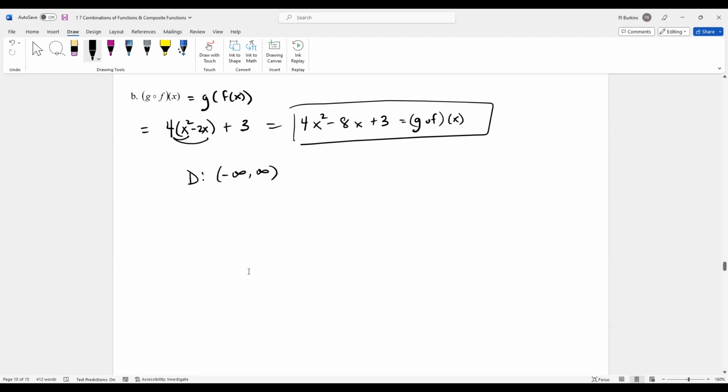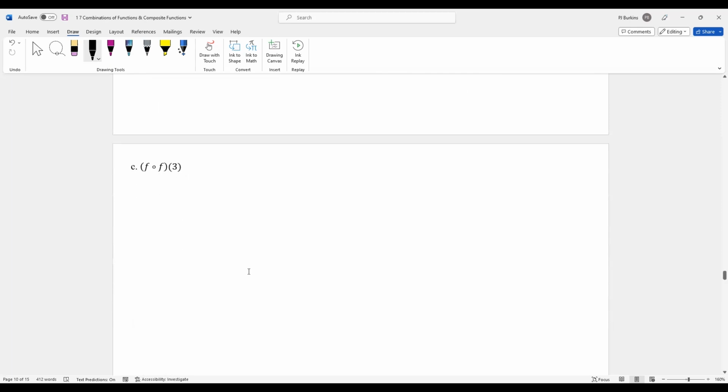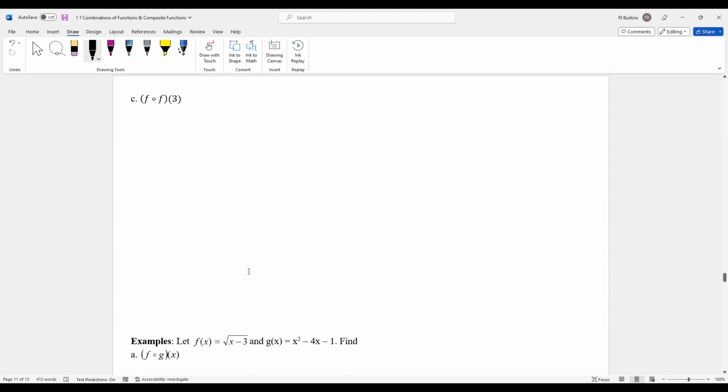All right, let's continue here. So what does this notation tell us to do? It says f of f, and instead of x, it just means plug in 3. So we're going to treat this way. We're first going to find f of f of x, which means inside the function f, plug in the function f.